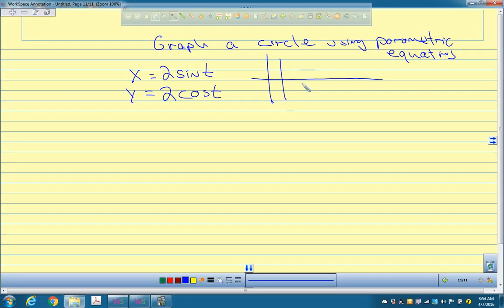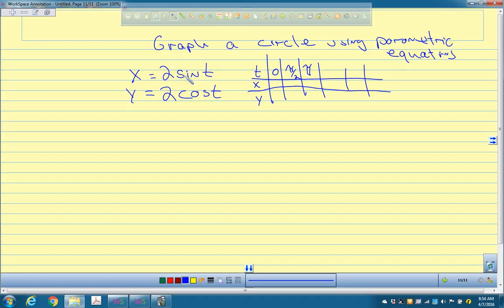This is a little review of trigonometry here, but I know you guys want to forget all about that. If I have t, say I plug in 0, pi over 2, and pi. I just want to show you, and this is x, and this is y.